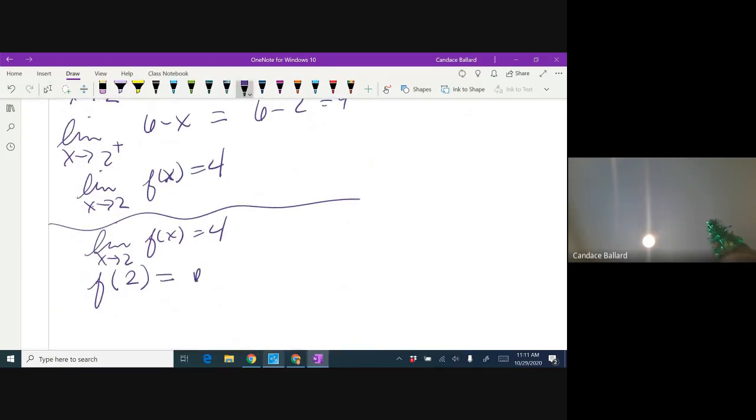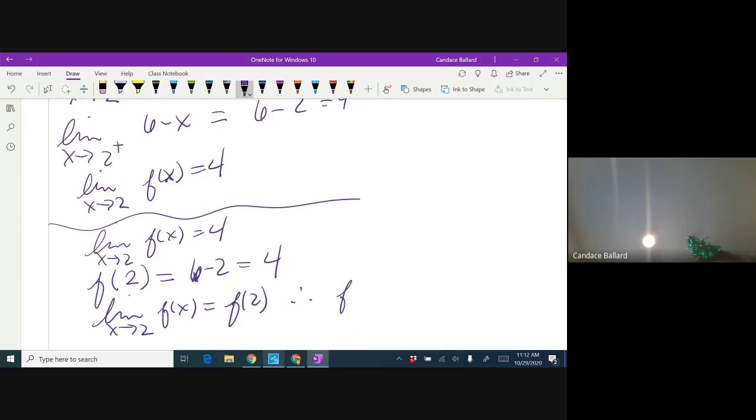And even though it's redundant, I'm going to write my calculation again. Then I'm going to say the limit as x approaches 2 of f of x equals f of 2. Therefore, f of x is continuous.